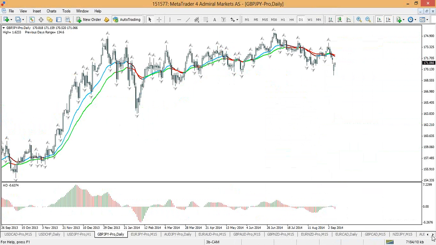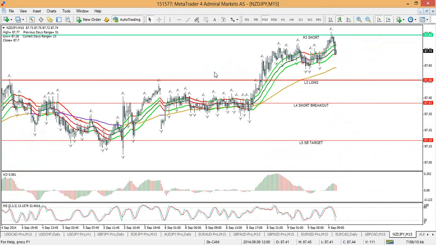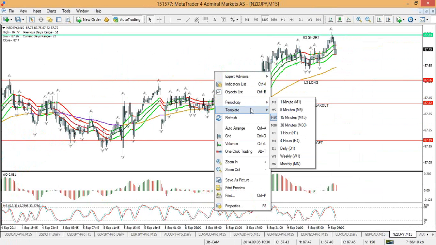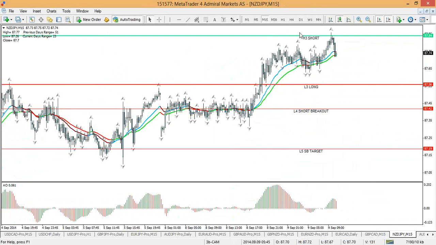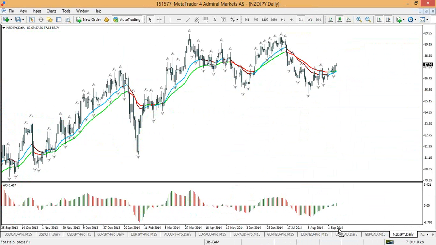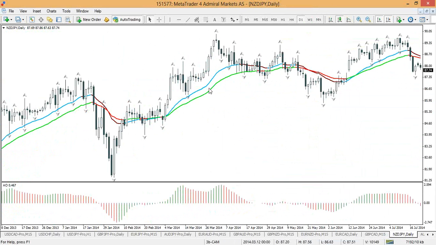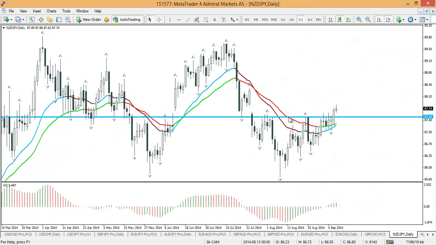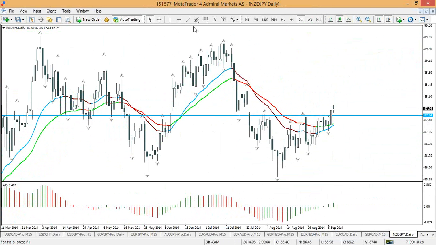The other yen pair that is not doing all too bad is maybe the New Zealand yen, by the way. That's the only one that has some potential, maybe because it broke an ascending wedge right here. This is the top line. This is the bottom line. Breaking that ascending wedge to the upside. Not as great as the dollar yen, but it could be a breakout to the upside.